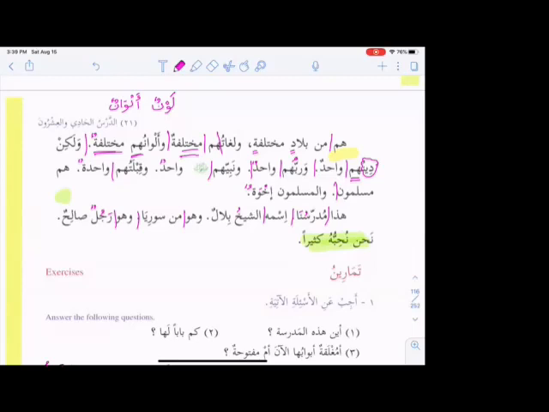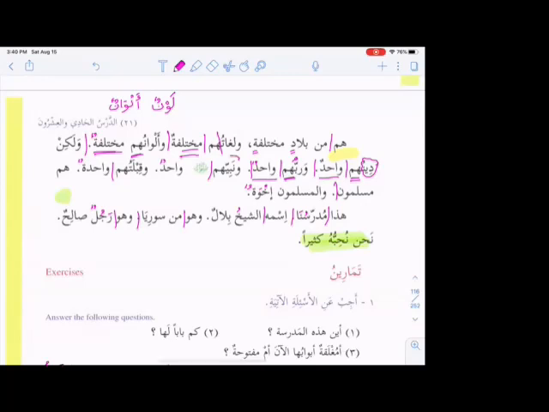Wa rabbuhum, and their Lord, to whom they worship and approach in the time of difficulties, asking for help and for everything. Rabbuhum wahidun. Their Lord is one. So, Rabbu mubtada, huwa mudaf, hum mudaf ilayhi. This is your khabar. Wa nabiyuhum. MashaAllah. And their prophet is one, sallallahu alayhi wasallam.